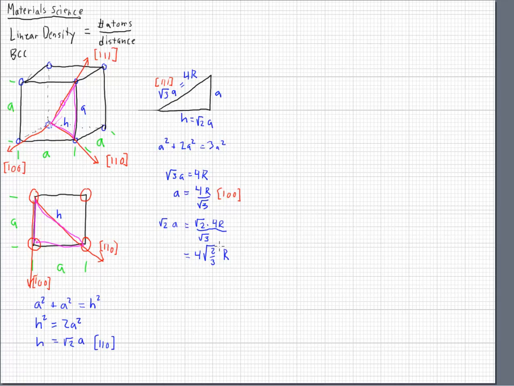And that is our distance for the 1, 1, 0 direction. And as we already know, 4r is our distance for the 1, 1, 1 direction.